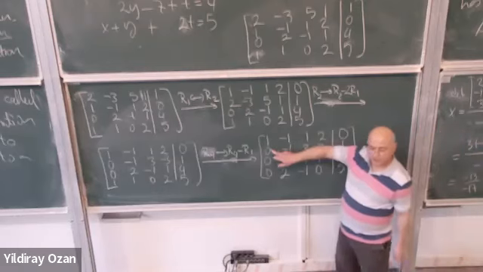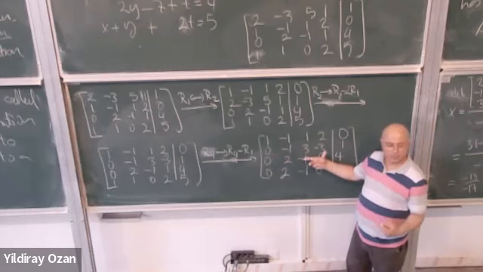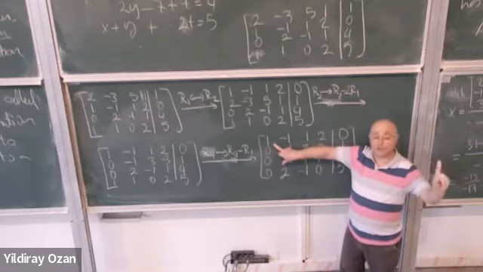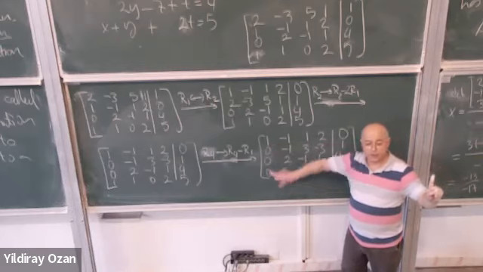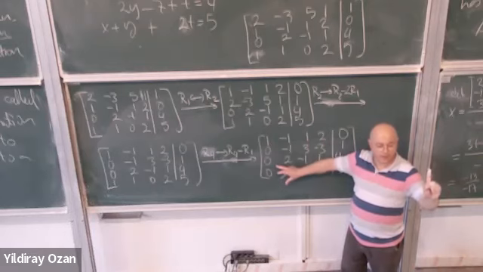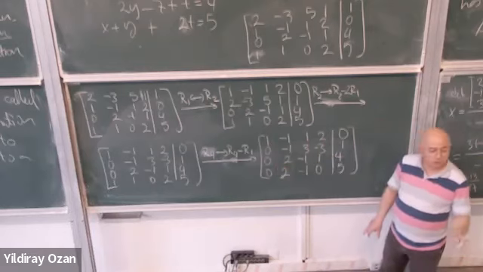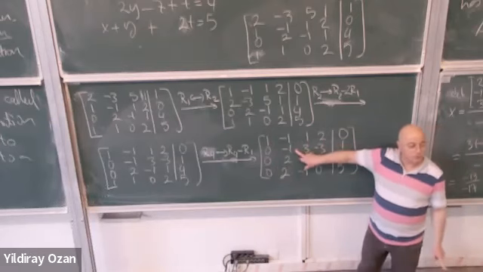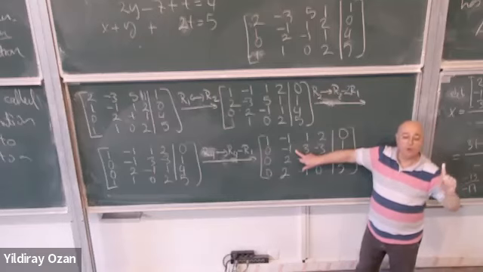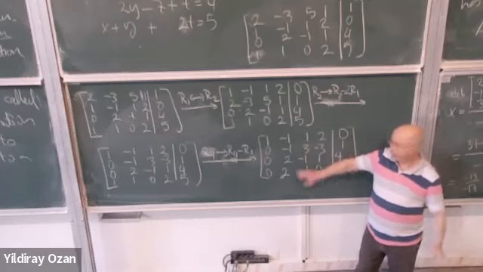Now, if you think about the system now, what you have here, you have x only in the first equation. No other equation has x in it, right? Now it is simpler. Only one equation has x in it. What I will do, I'll try to do the same thing with the second column and obtain a system so that only one equation has y in it.